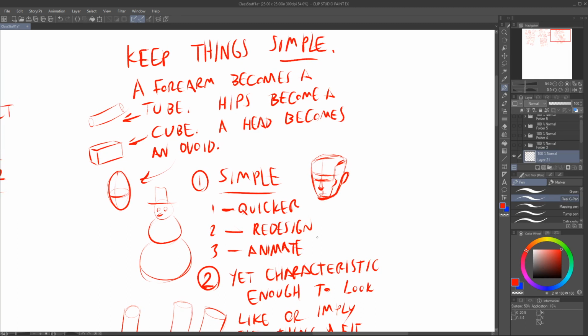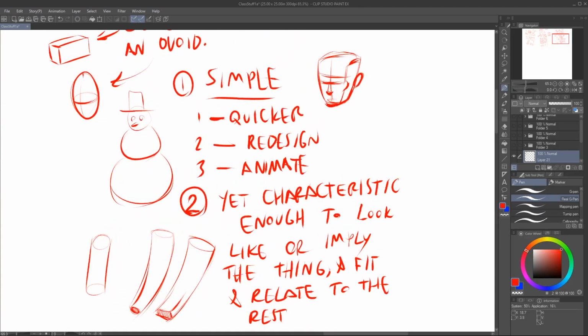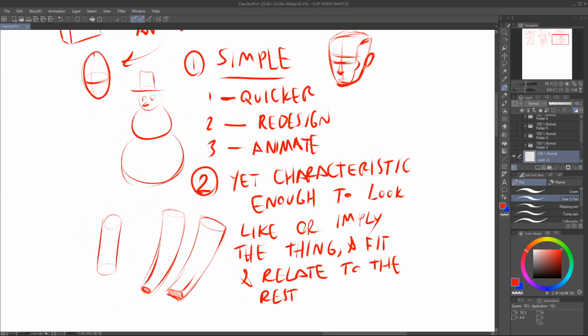I mean that you can bring movement and life to it and repose it and move it and change it as you see fit. Like you can modify the pose and have it make sense.